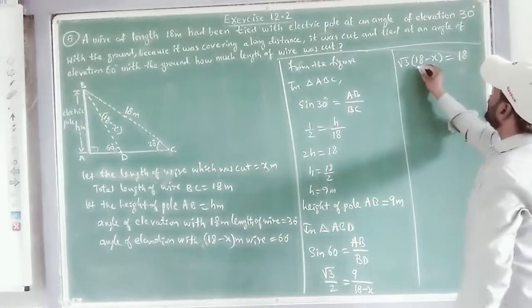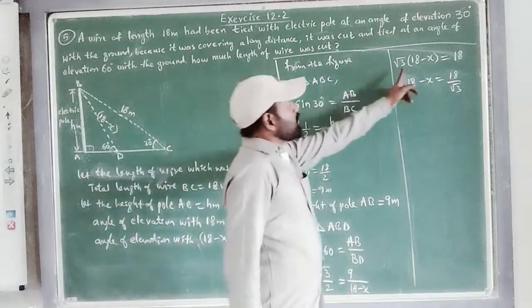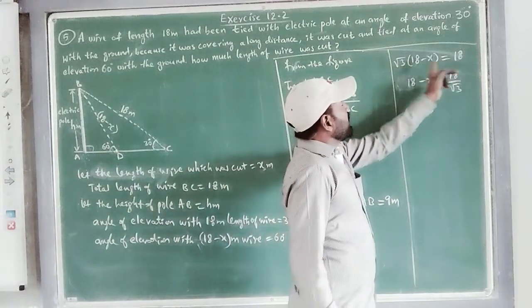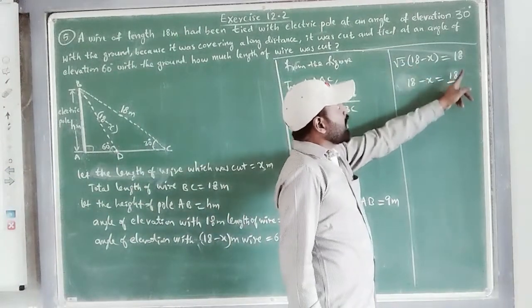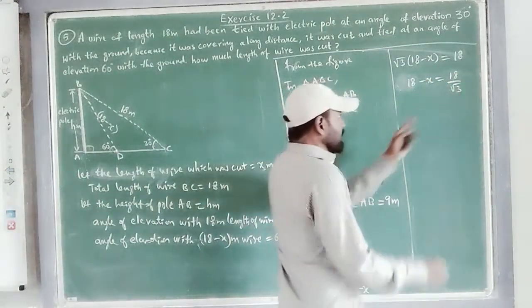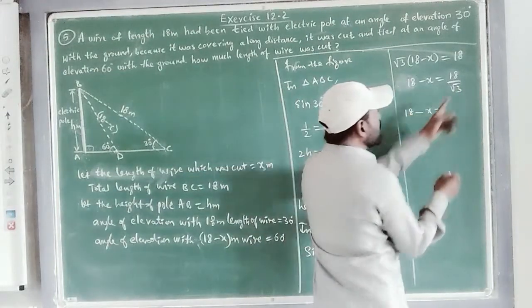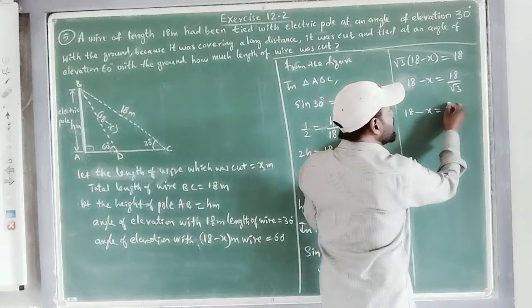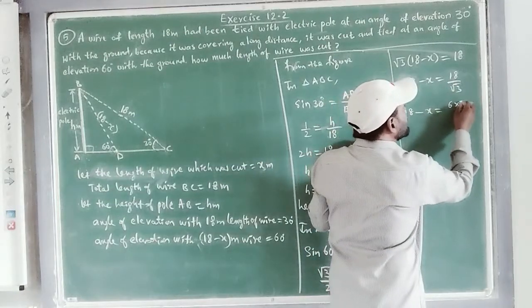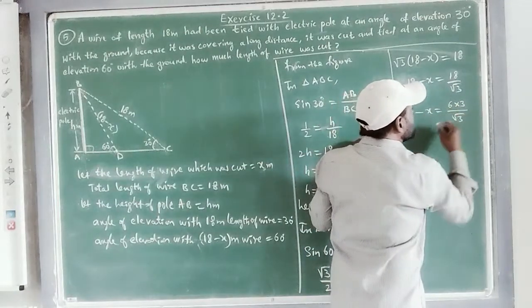Okay. Now transposing this root 3 to that side, it will be in the denominator, 18 by root 3. Now simplification: 18 minus x is equal to, here 18 can be written as 6 into 3, divided by root 3.